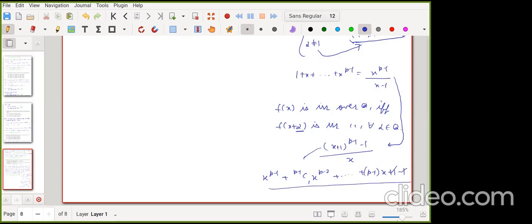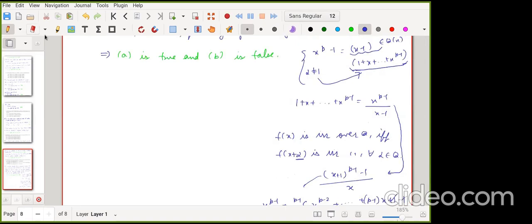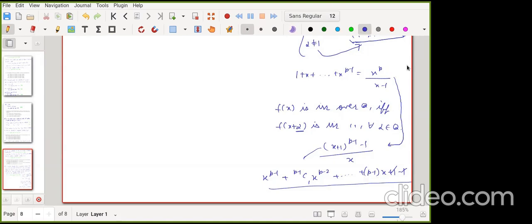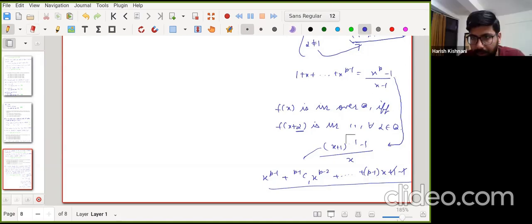And yeah, there is some mistake. So this polynomial was x^p minus 1 over x minus 1, but here it is x raised to p, not p minus 1.